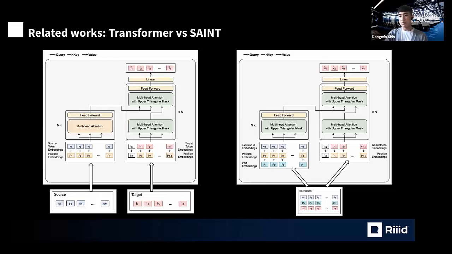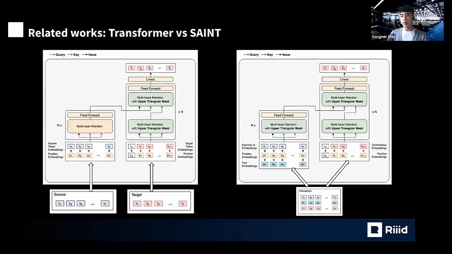SAINT is a model that transforms the transformer to fit KT. So SAINT separates the user interaction data, which consists of exercise ID, the topic that the exercise belongs to, correctness, and so on, into two parts: exercise-related data and response-related data.